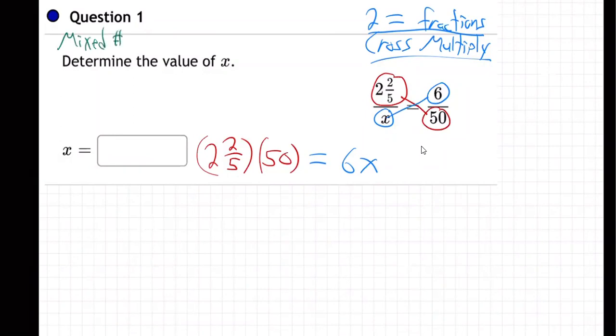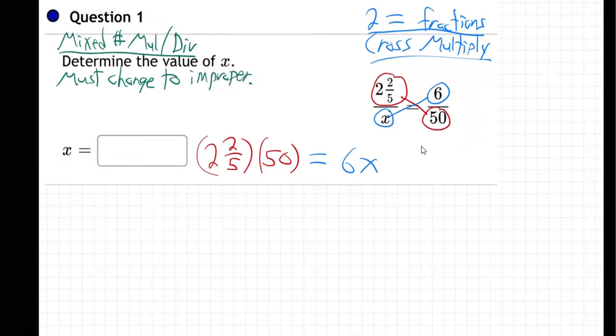Mixed number, when you multiply or divide, you must change to improper. We have to. So let's do it.